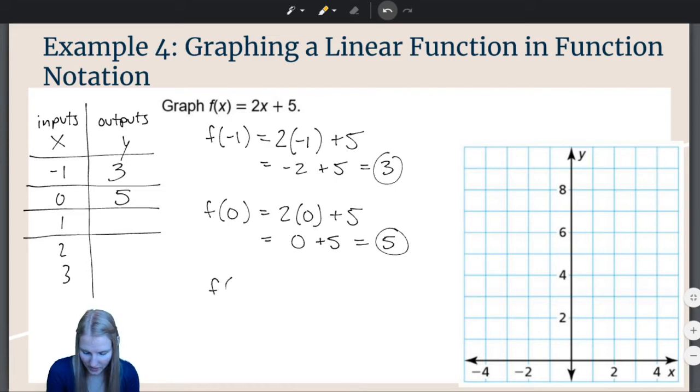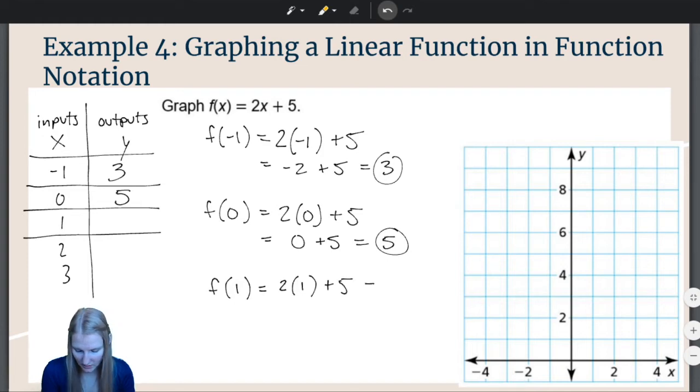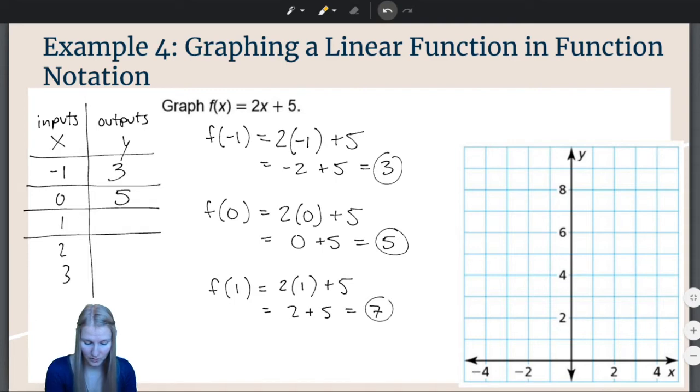The input is 1. So I have 2 times 1 plus 5, which is 2 plus 5, that's 7. So when the input is 1, the output is 7.